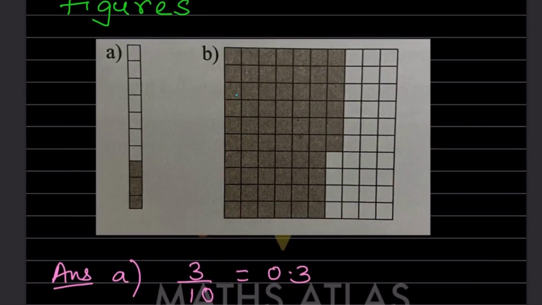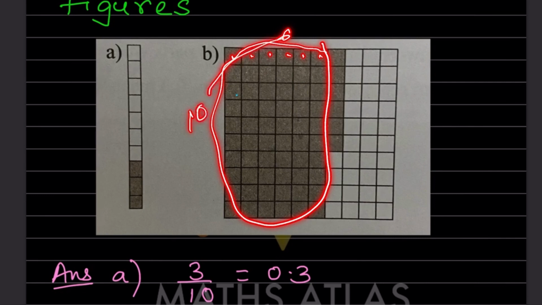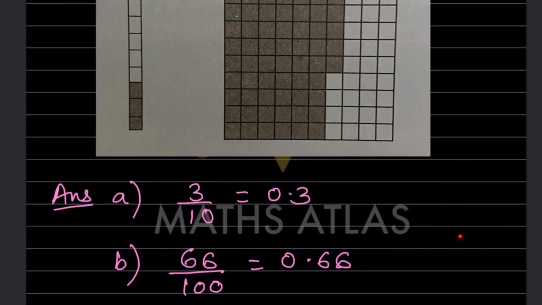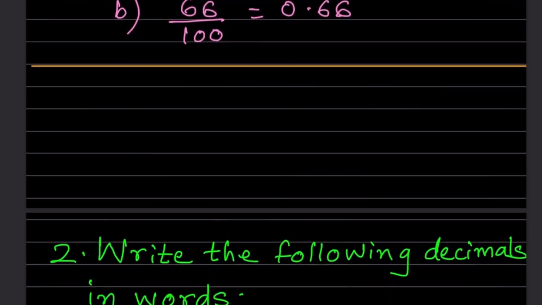And how many are shaded? 6 columns of 10 means 60, then 61, 62, 63, 64, 65, 66. So 66 are shaded, and that goes in the numerator. You write 66 and look at the zeros. Zeros are only 2, so you come backwards 2 places and put a decimal, that will be 0.66.